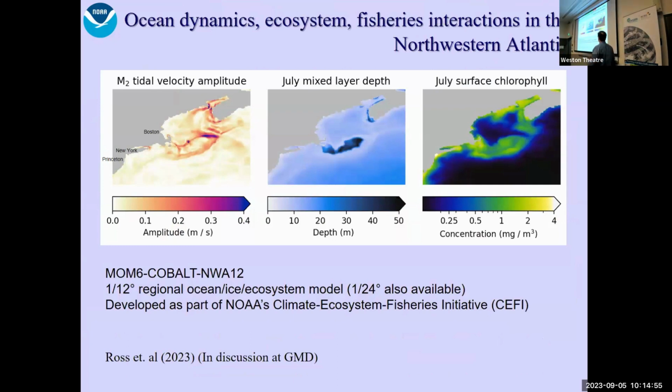So within NOAA, we're using this as part of something called the Climate Ecosystem Fisheries Initiative. This is an example zoomed into a sub-portion of the domain, where we're looking at the amplitude of the tidal velocities, the implied vertical mixing, both from the tides and also from the atmospheric forcing, and how that relates to surface chlorophyll in July.